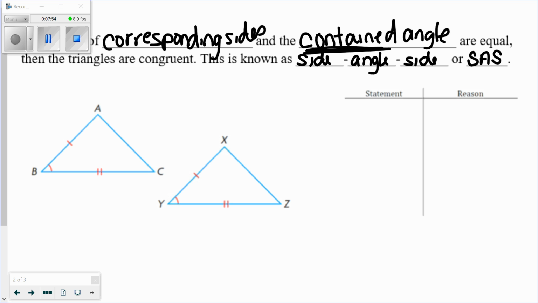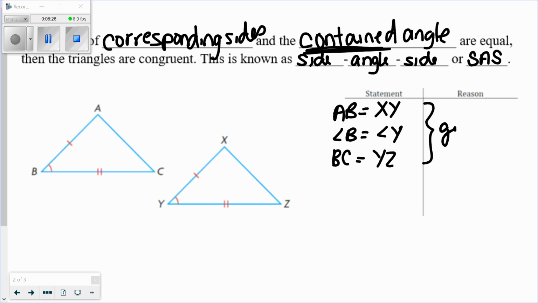So again, I'm going to make my little tiny chart here. So we know side length AB is equal to side length XY. I'm calling them side lengths, you could call them line segments, same old thing. I know the angle at B, so I could either write it as ABC or just the angle at B. I'm going to be lazy. It is equal to the angle at Y. And I know side length BC is equal to side length YZ.